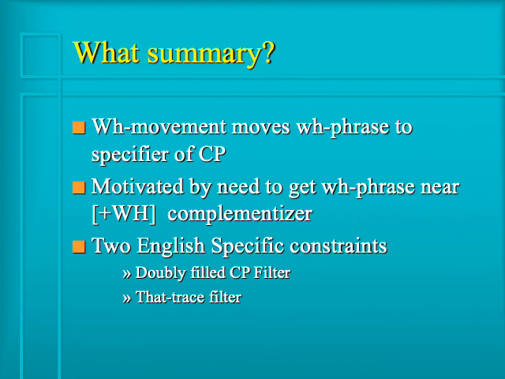And it's motivated by a need to get the WH phrase near to the WH complementizer. And the last point about two English specific constraints is skipped this semester. If I have an occasion, I'd like to talk about them later on, but you don't need to know about the third point of this summary slide.